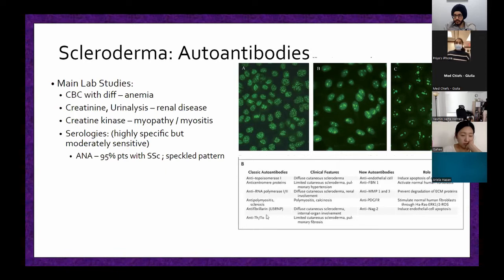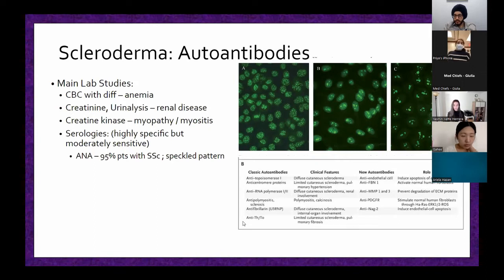Another interesting thing is that the more we investigate, the more we learn that there's a million antibodies out there for all of our different conditions, a lot which we're just discovering, that target different parts of the cell and the nuclear material and the proteins. So some of these other antibodies that are reported in scleroderma include the U3-RNP antibody, which is associated with diffuse cutaneous scleroderma, and thyroid antibodies, which is interesting because sometimes you'll notice that patients with scleroderma also have autoimmune thyroid disease.